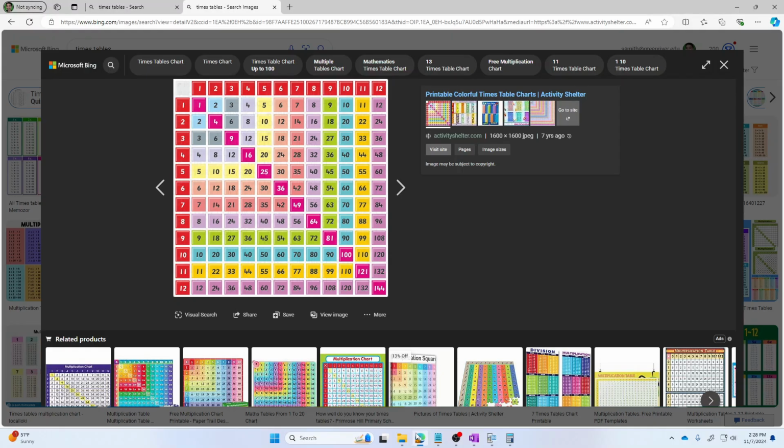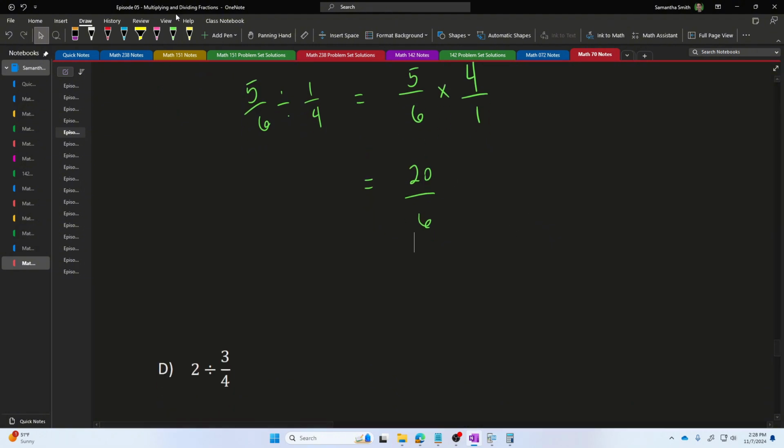And let's check our times table to see if that can be reduced at all. I think 6 and 20 only appear together in this row. They have 2 in common. And so if I divide out 2 from 20 and 6, then I get 10 in the numerator and 3 in the denominator. I get 10/3.